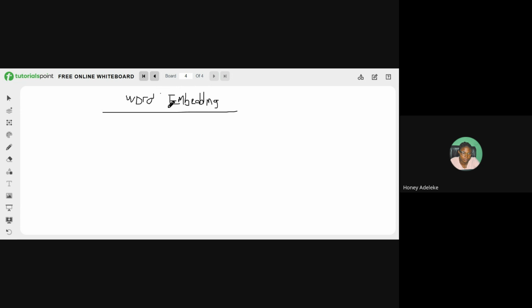Then let's assume word embedding is divided into two. We have the count method, the count or frequency.